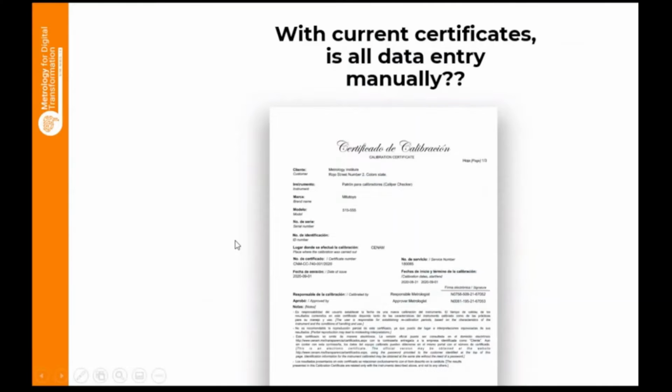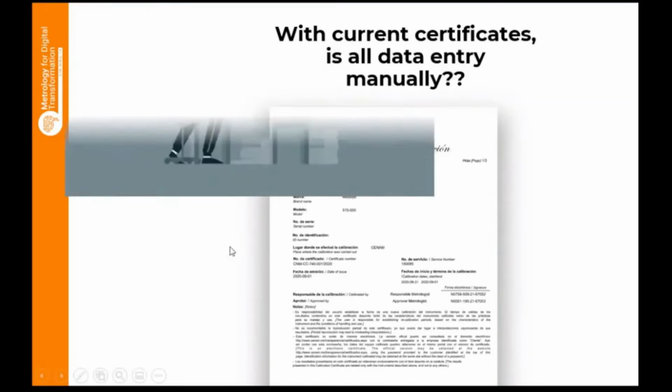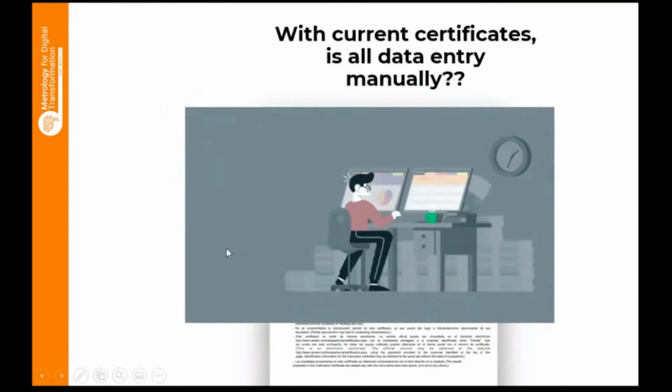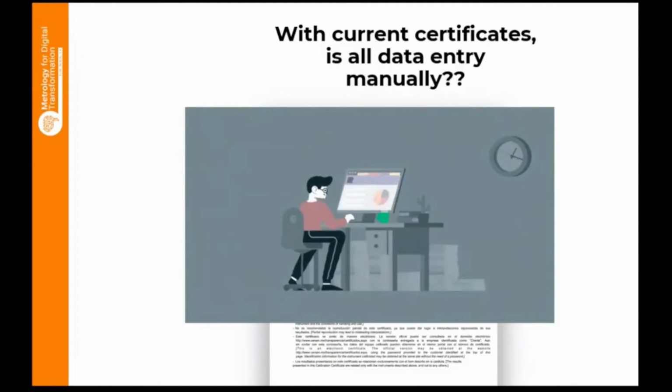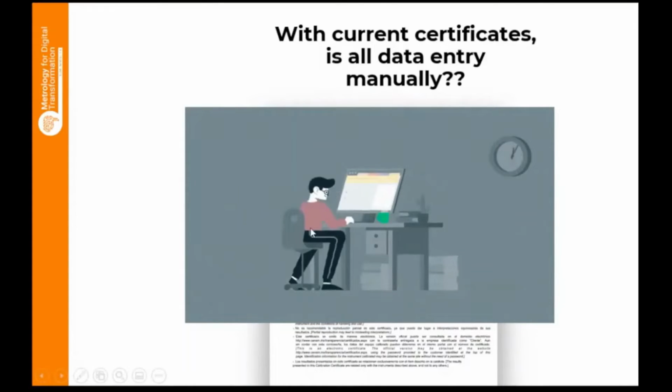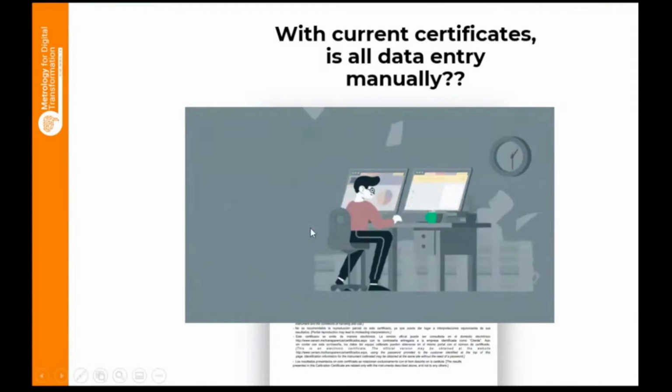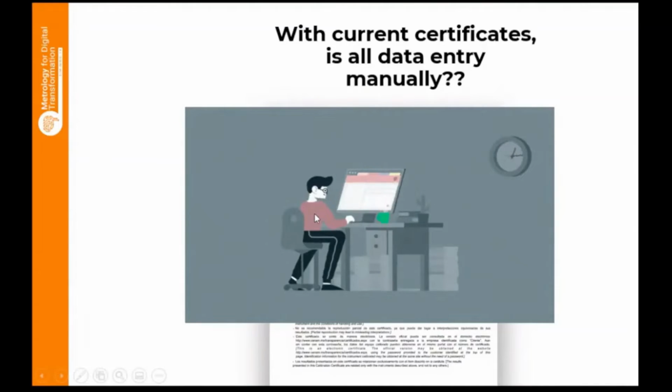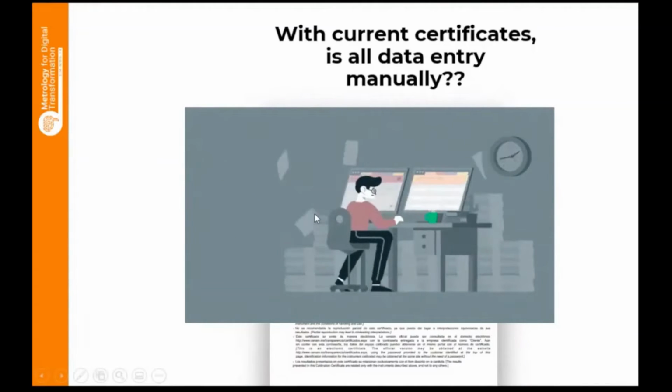And one thing that is important, which we mention in different meetings about the DCC and also in the working group at the SIM, is that with the current certificates, all data entry is manual. Maybe some institutions don't have this step that our speaker, especially Francisco, mentioned about what is digital and digitalized. It's important to have the information in a digitalized format, so that this information can be used and shared by other systems.